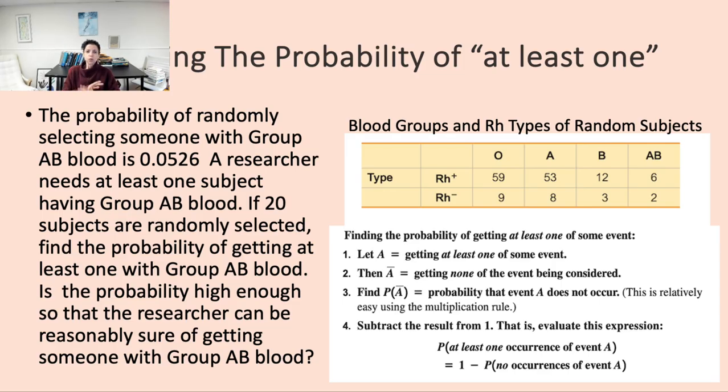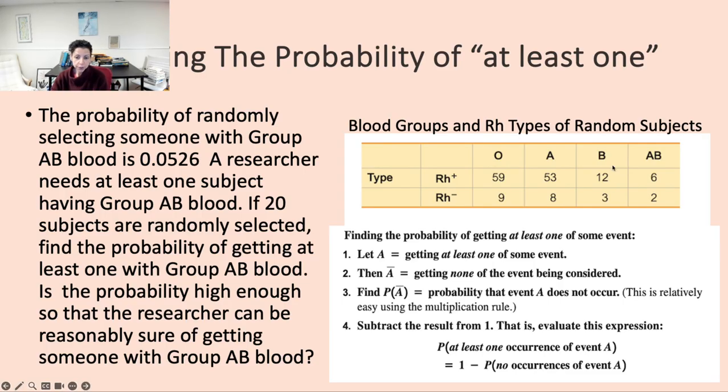If we pick 20 subjects randomly, we want to find the probability of getting at least one subject with group AB blood. So is the probability high enough in just a sample size of 20 that the researcher can be reasonably sure that they'll get at least one person with AB blood? Okay.